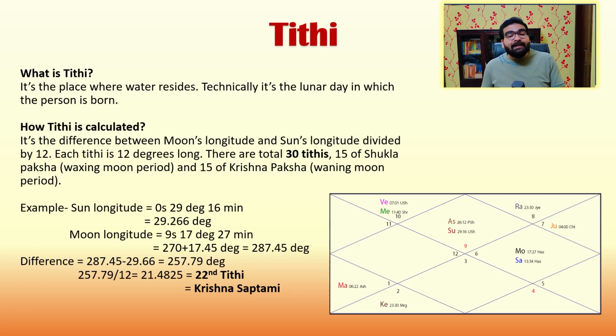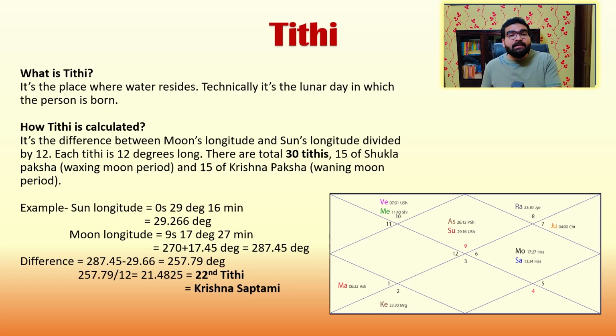Now you get the difference of the sun's and moon's longitude. You will get 257.79. If you divide this by 12, because each Tithi is 12 degrees long, you will get 21.4825, meaning 21 lunar days have passed and the 22nd Tithi is running.